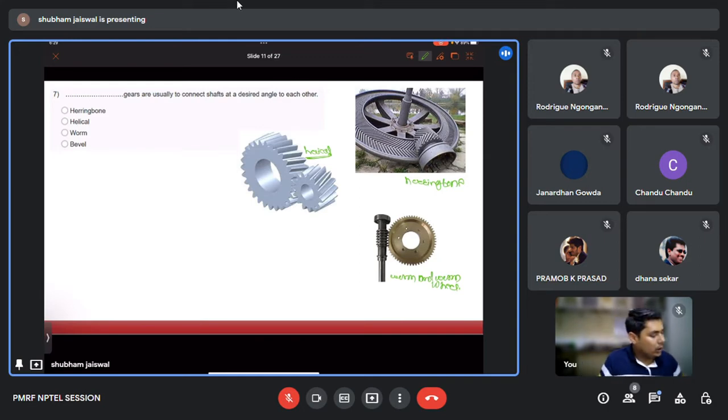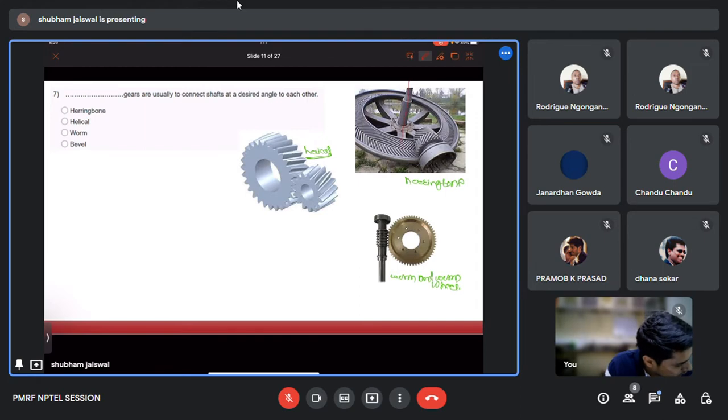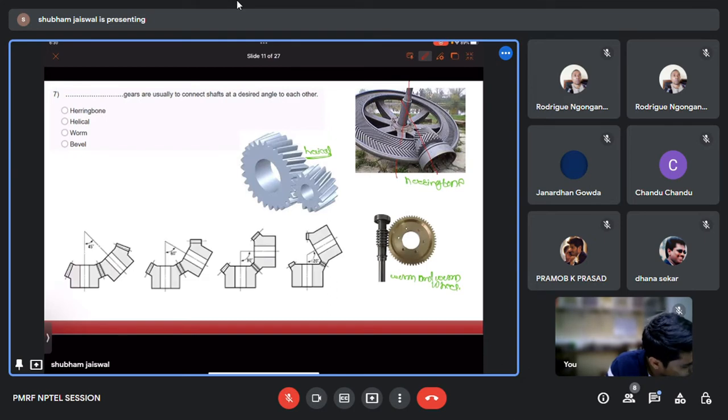Okay. In this herringbone gear, you can see the gear profile like this, that it will have a double helix.